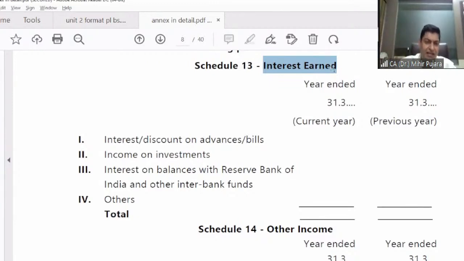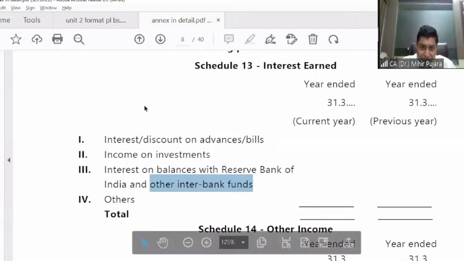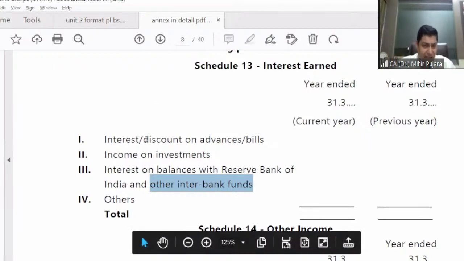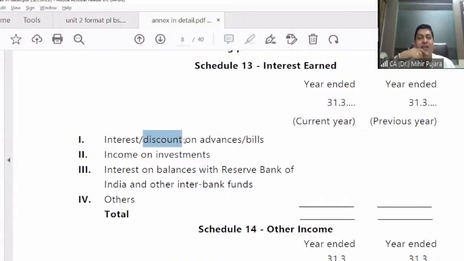See here, interest on advances and bills is part of 13. Interest on balance with RBI is also part of 13. Interest from other banks is also part of 13, because the name is Interest Earned. But apart from this, remember very carefully, discount is also part of Schedule 13. Income from investment is also part of 13.